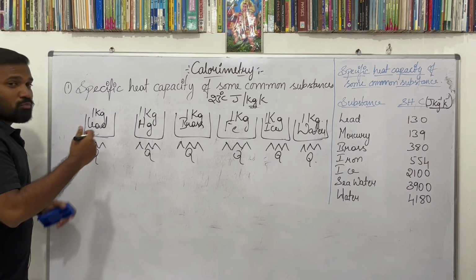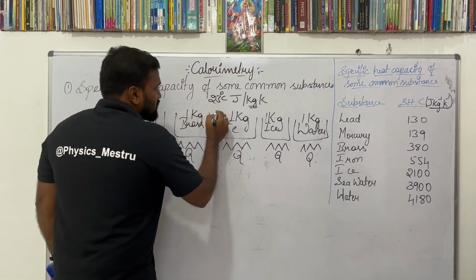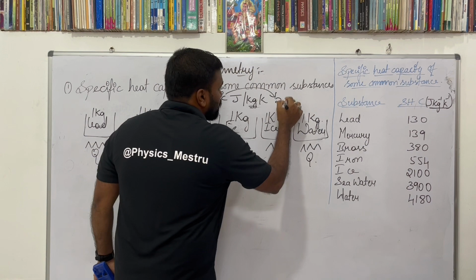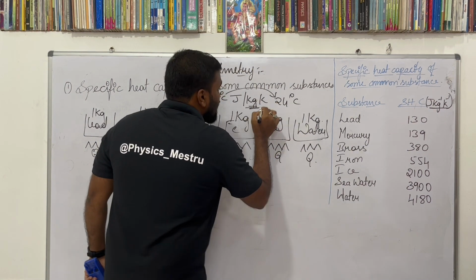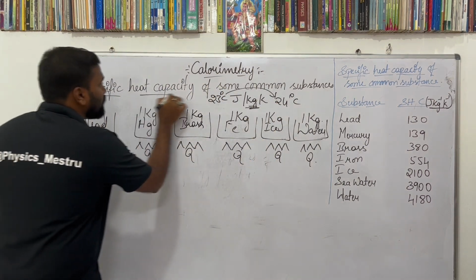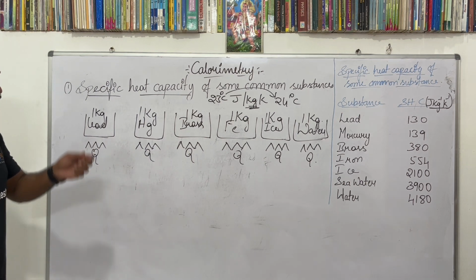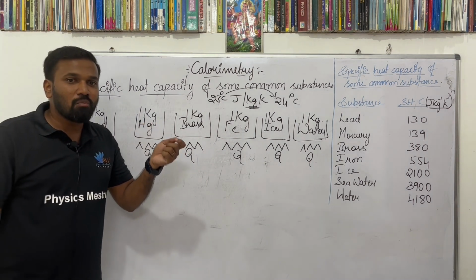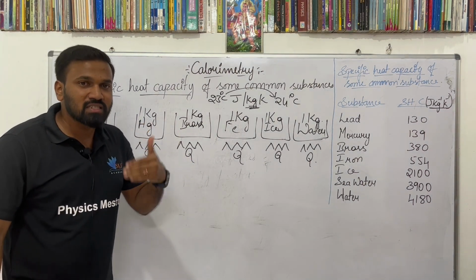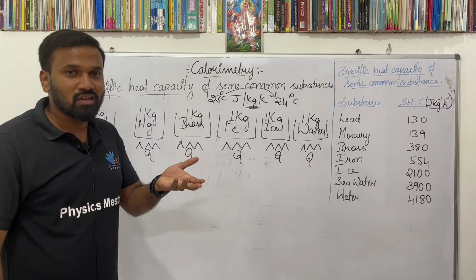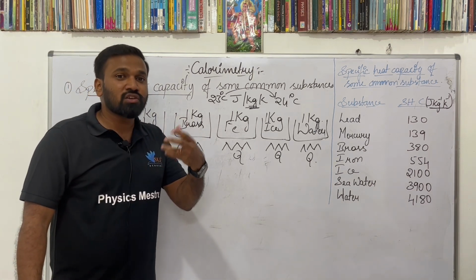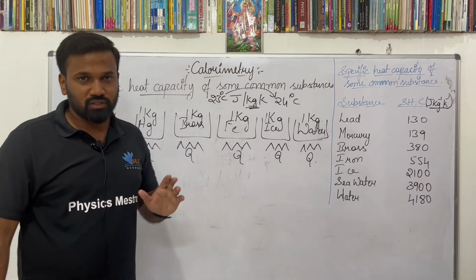Now I want them to rise to 24 degrees Celsius. Why? Because the specific heat capacity definition says that specific heat capacity is the amount of heat required to raise the temperature of unit mass by 1 degree Celsius.